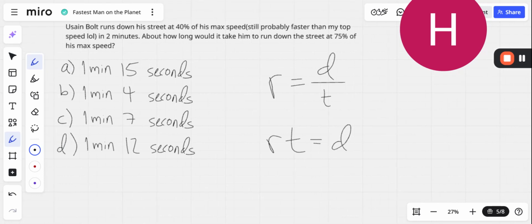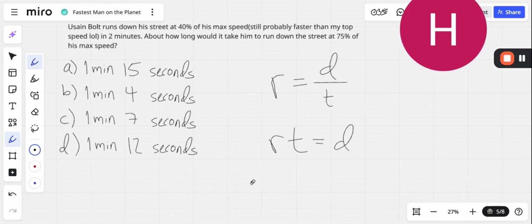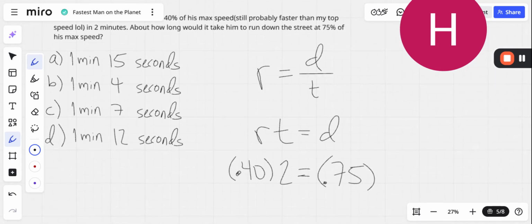While we don't know his max speed, we can just use 0.40 of whatever his max speed is, that's 40%, times 2 is equal to 0.75, that's 75% of his max speed, times t. So regardless of what his max speed is, we would have that factor on both sides, right?